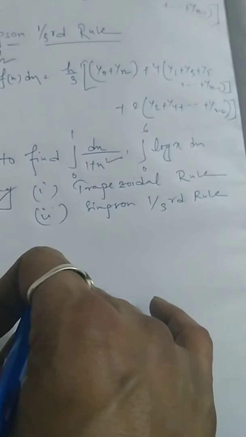If we do the same thing manually, suppose the integration from 0 to 1 of dx by 1 plus x square, first we have to make a table of x and y, meaning here f(x) equals 1 by 1 plus x square. The lower limit is 0 and the upper limit is 1, and in this problem h is given, suppose 1 by 4.